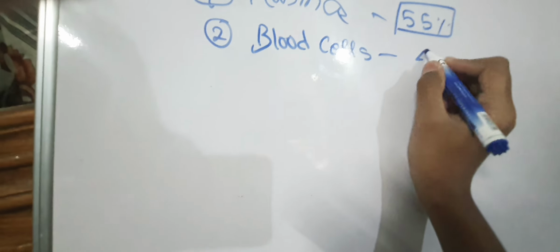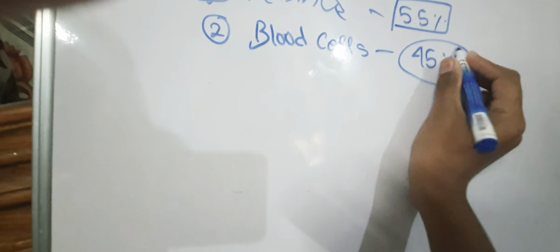So the blood corpuscles, the blood cells, will then be 45% of the blood, right? So this plasma is made up of 90 to 92% water.